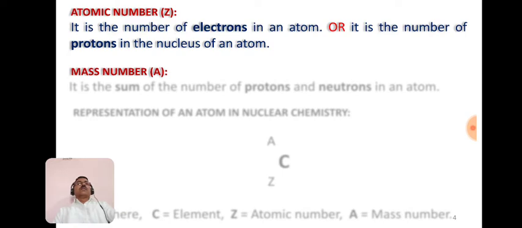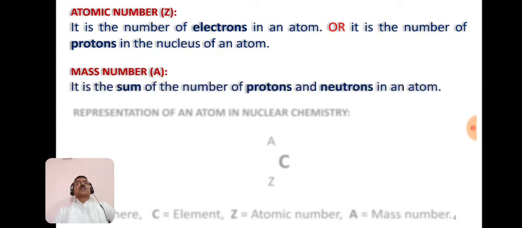Now the next point is mass number, which is represented by the capital letter A, and it is defined as the sum of the number of protons and neutrons in an atom.